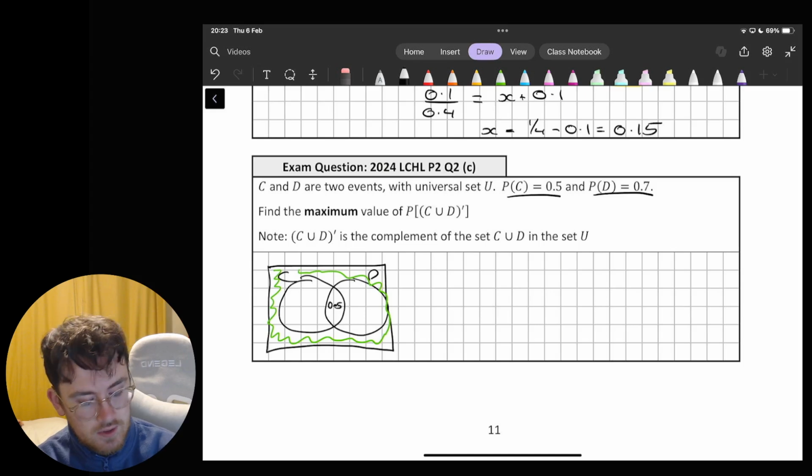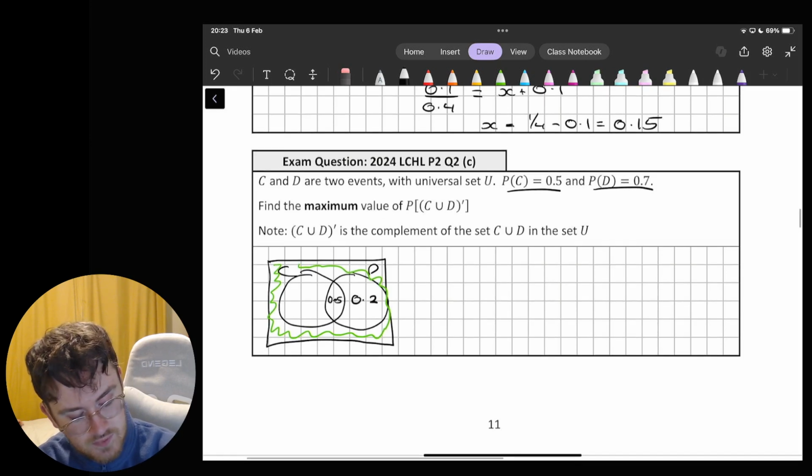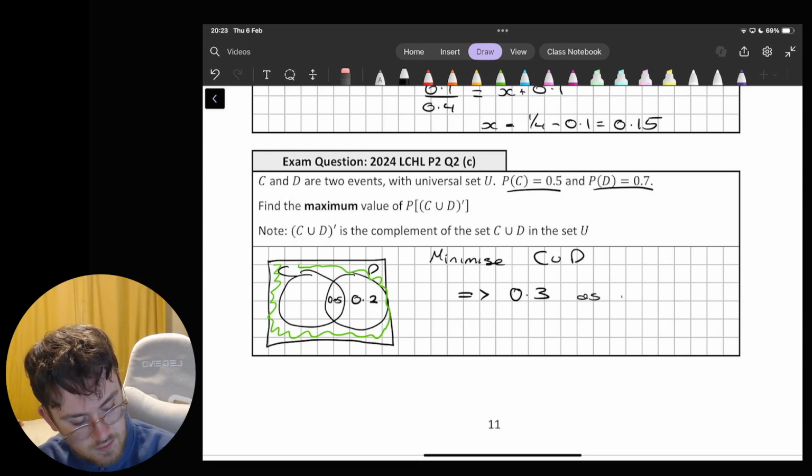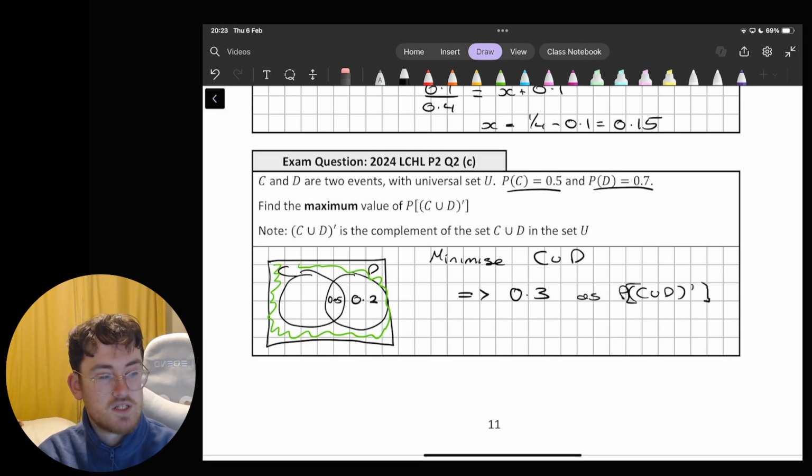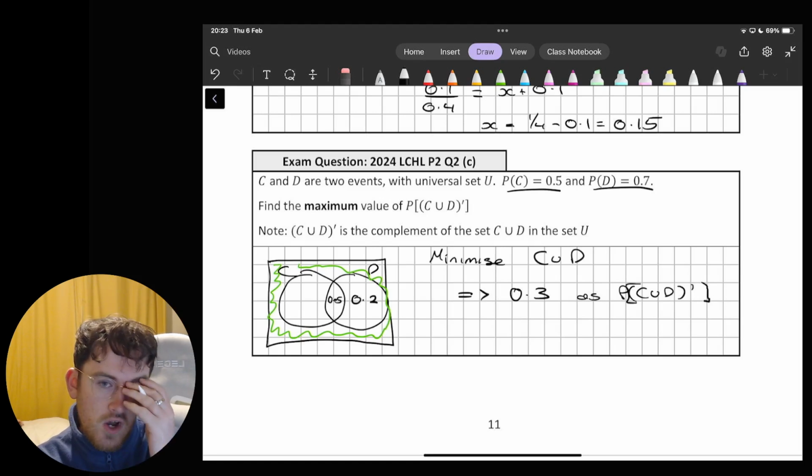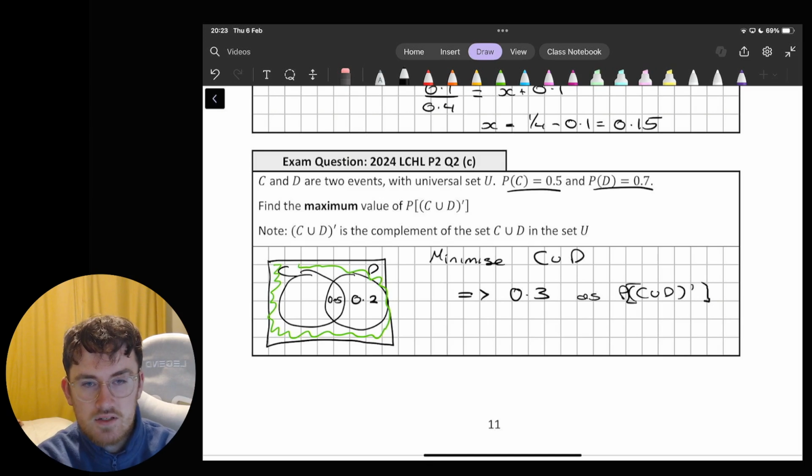If I put that 0.5 in the intersection and have the 0.2 here, that's going to minimize C union D. That's going to leave me with 0.3 as the probability of C union D complement, which is the maximum that I could possibly get. So minimizing the actual union will maximize the complement. It kind of makes sense.